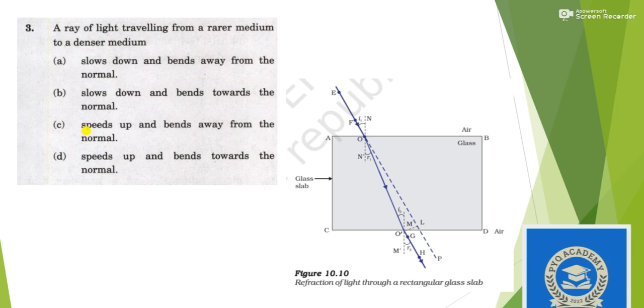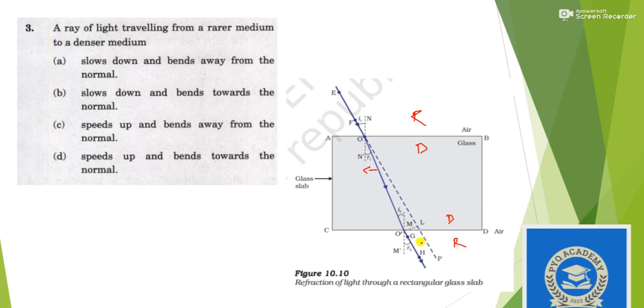The third question is: a ray of light traveling from a rarer medium to a denser medium. This is a simple concept-based question. Suppose a ray of light is coming from a rarer medium and enters glass, which is a denser medium. You can see that rather than going straight, the refracted ray bends a little towards the normal.